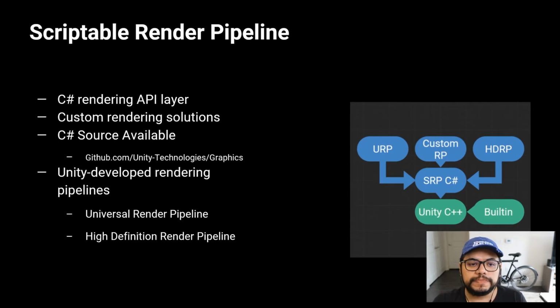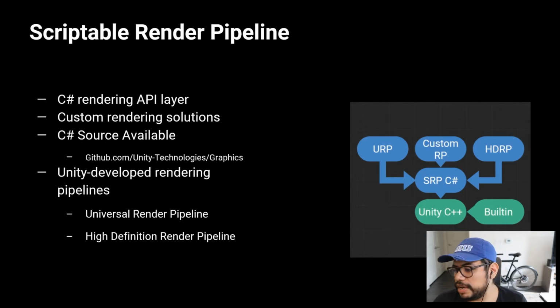So here's an explanation. The scriptable render pipeline is a kind of tubing from a 3D scene. It's all 3D. It can also be a 2D plane in a 3D environment.